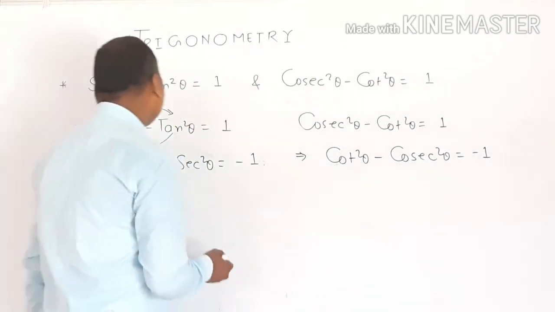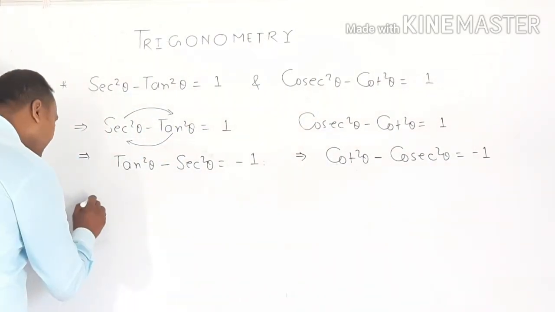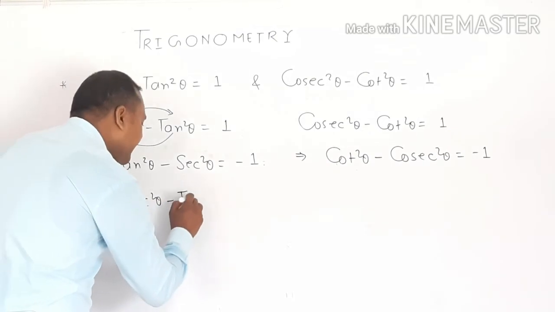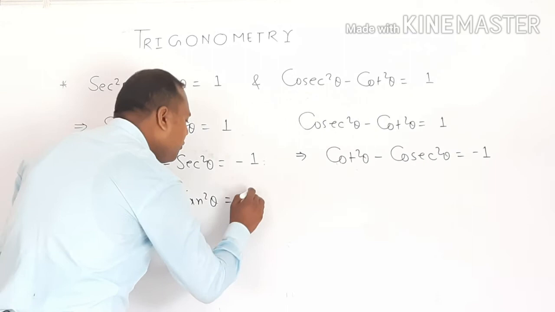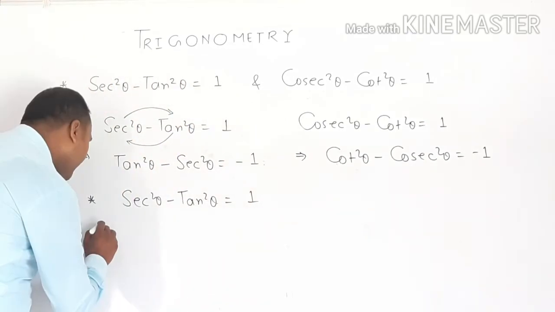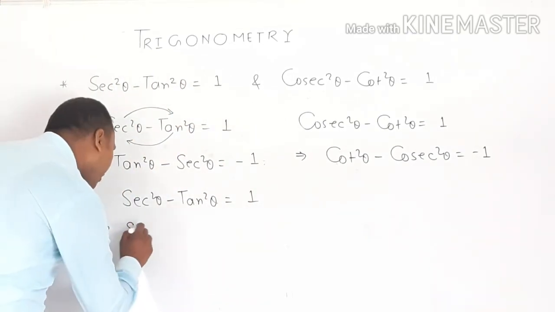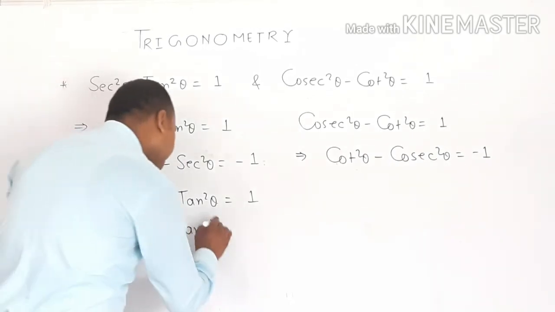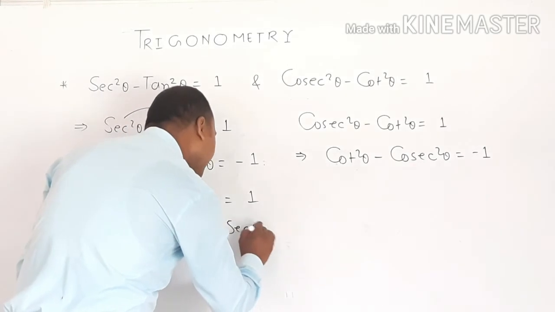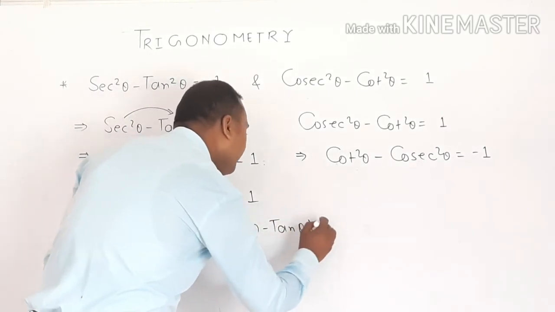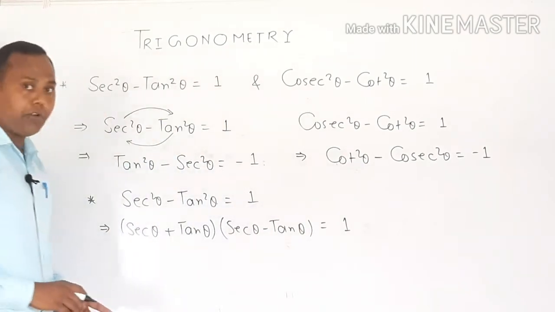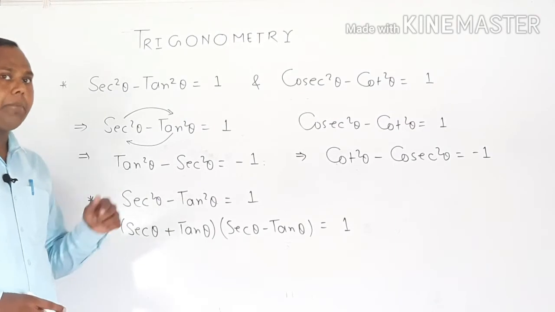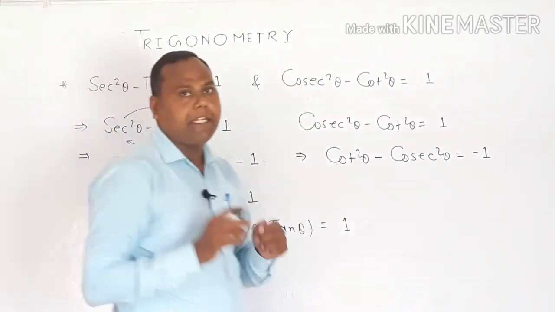Another concept: sec square of theta minus tan square of theta is equal to 1. So we can also write it as sec of theta plus tan of theta into sec of theta minus tan of theta equal to 1. How can we? Because we already know that a square minus b square will be equal to a plus b into a minus b.